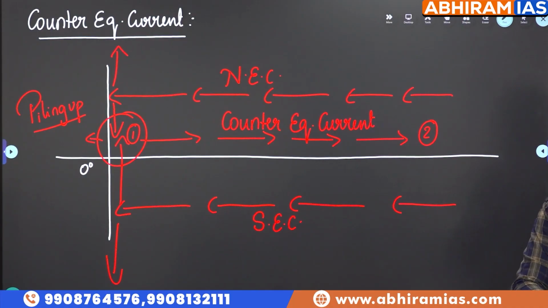This was a prelims question, right? What is the reason for counter equatorial current? One of the options was piling up of warm water.